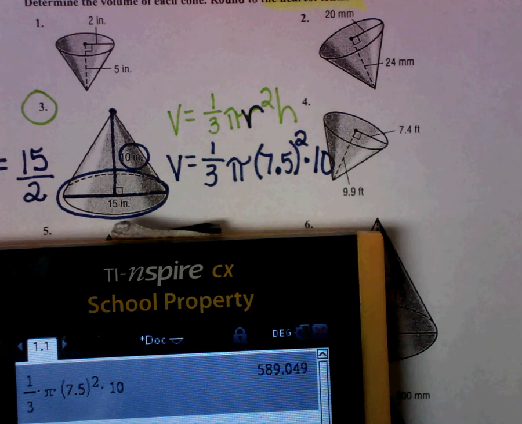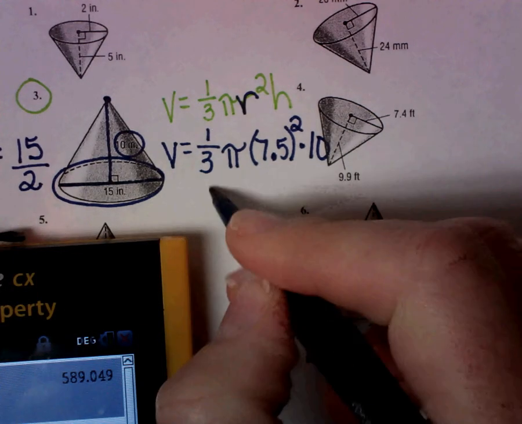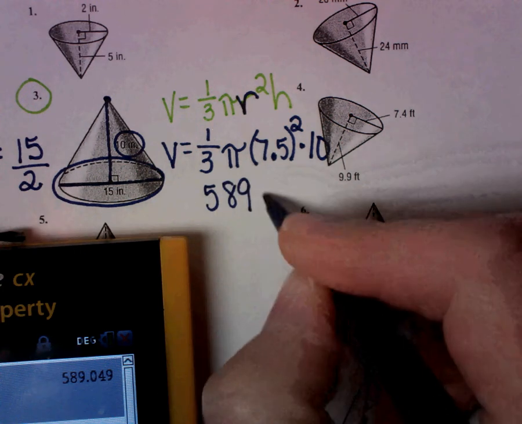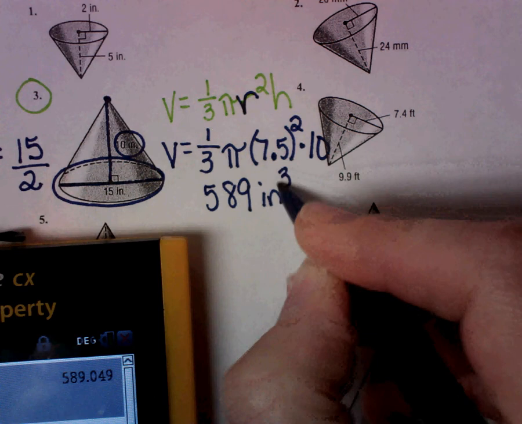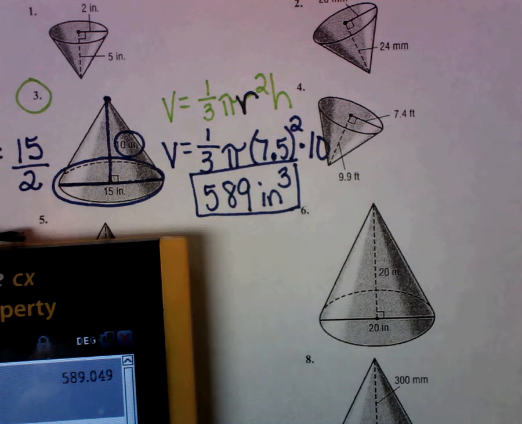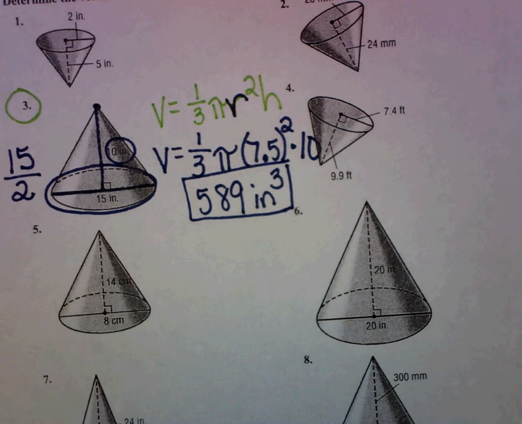So my volume for this, the tenths place, would round to just 0.0. So I'm just going to say 589. It was in inches, and remember it's inches cubed when we talk about volume. Now, the rest of the cones is on you. See if you can work through and calculate the volume of each cone.